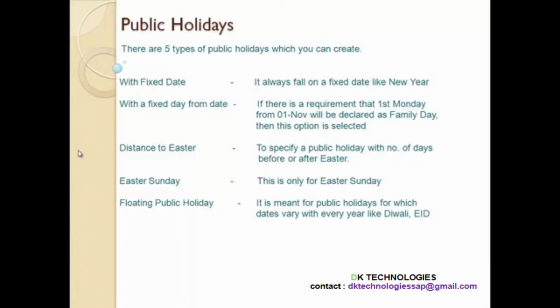Like that, we have other options to create public holidays, like floating public holiday. What do you mean by floating public holiday? Floating means this holiday will always fall on different days and different months in the year. Like a religious festival, which is based on the moon sighting. It is not fixed. It always falls on a different day or different month every year.